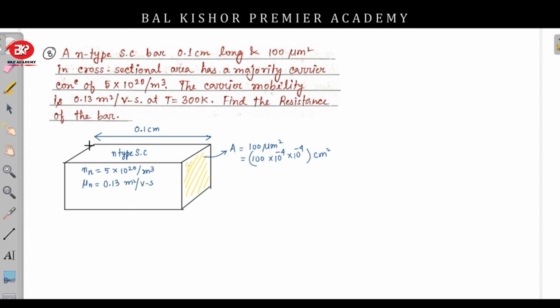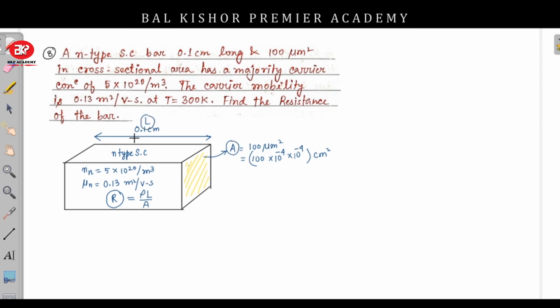We have to find the resistance of the bar. मुझे resistance ढूंढना है, not resistivity but the resistance, and resistance is equal to rho L by A. That means we need to find the resistivity rho. L और A तो given है, L ऊपर में है और यहाँ पे A given है.